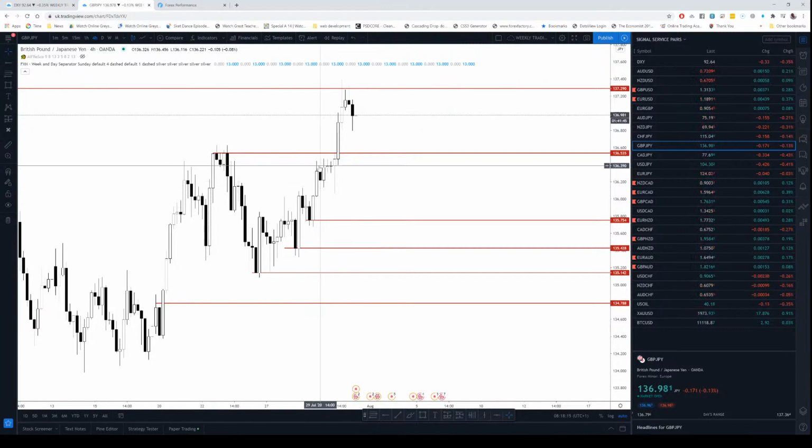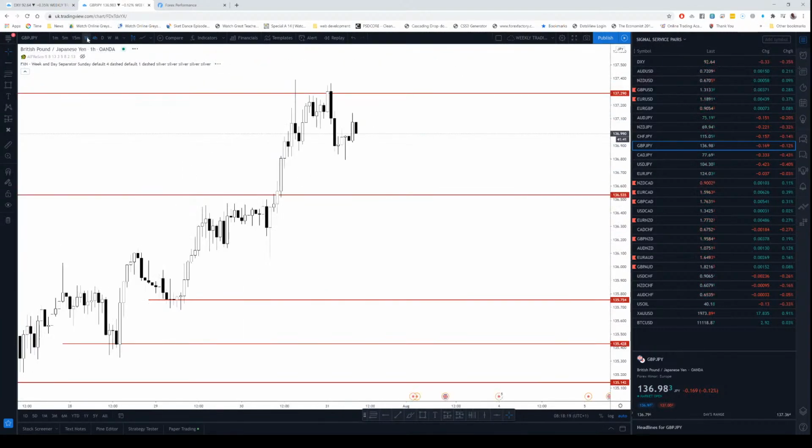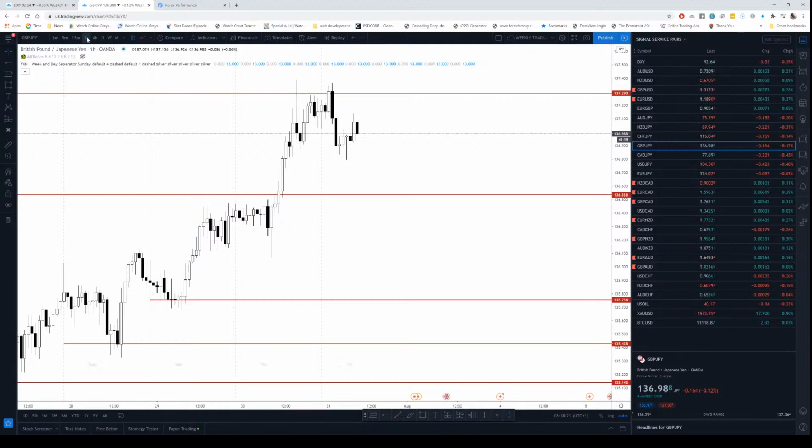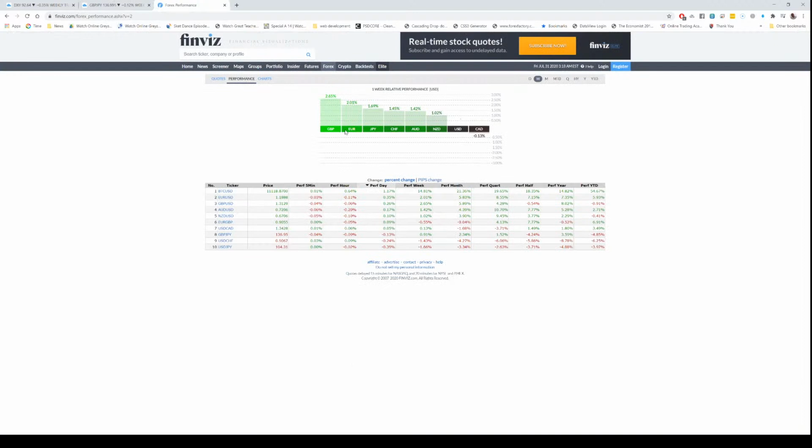At the moment we haven't broken any down candle, so it's still bullish, so do not try to sell short right now. And again, if I show you this, yen and pound are up here, so you do not want to be doing anything on there.